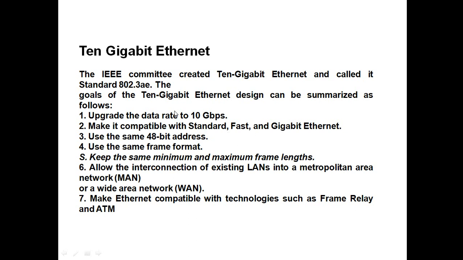We are using the same 48-bit addressing scheme to identify NICs, the same frame format, and the same minimum as well as maximum frame length. Allow the interconnection of an existing LAN to a metropolitan area network or a wide area network also. Make this Ethernet compatible with technologies such as frame relay as well as ATM.